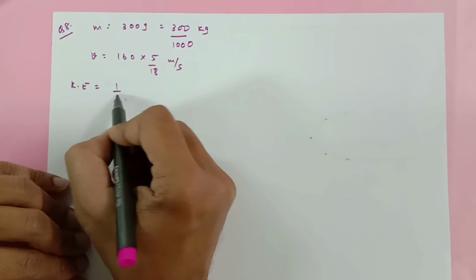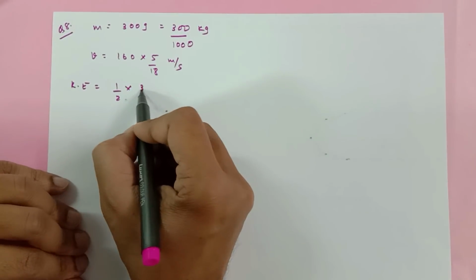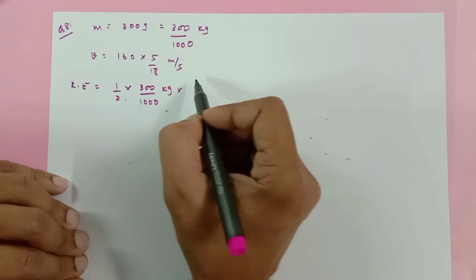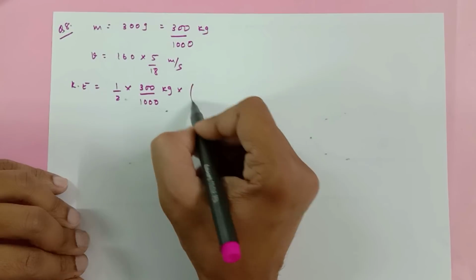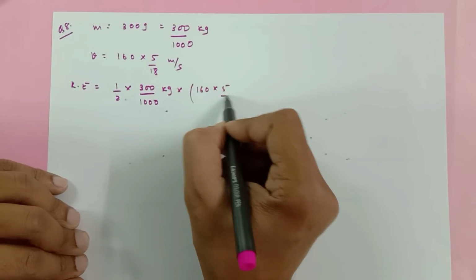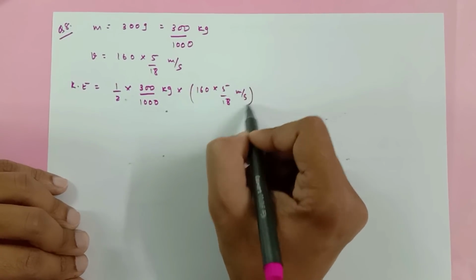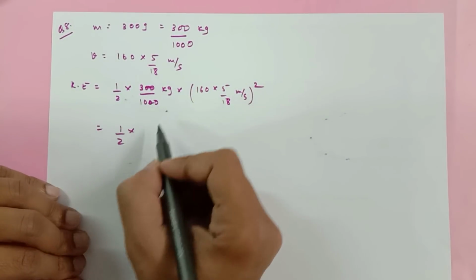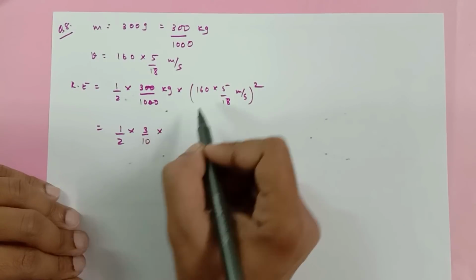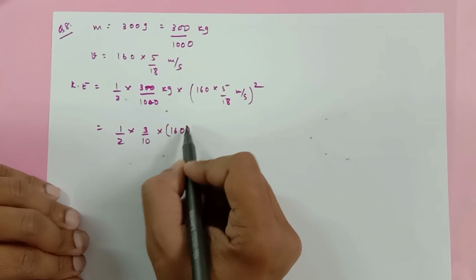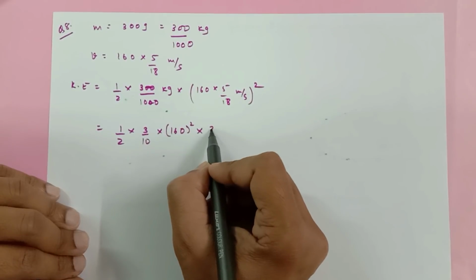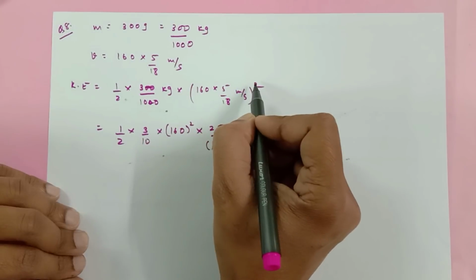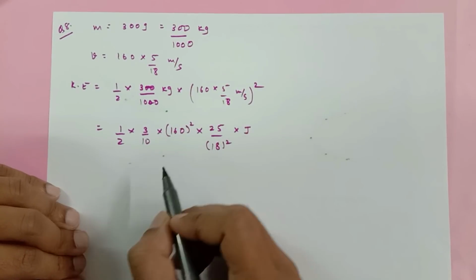K is equal to half into m, so that is 300 by 1000 kg. Also write down the unit and multiply by 160 into 5 by 18 meter per second, the whole square. So it is half into, these two zeros gone, so 3 upon 10 multiplied by 160 whole square. 5 square is 25 upon 18 square multiplied by meter square upon second square into kg is joule.